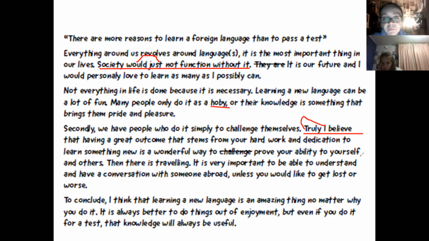Anything else? I don't know, I would write everything like that because it looks right to me. Then there is traveling. It's right.